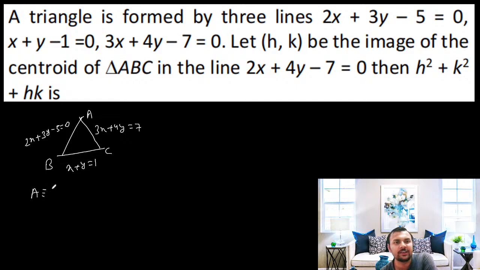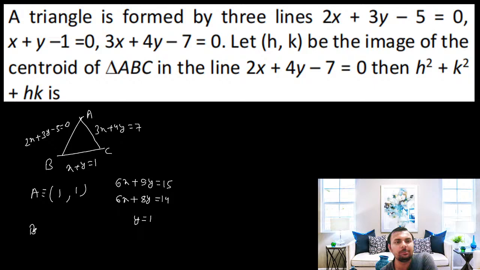4a we are calculating. So multiply this with 3, this with 2. 6x, 9y equal to 15. 6x plus 8y equal to 14. So y equal to 1, x equal to 1.